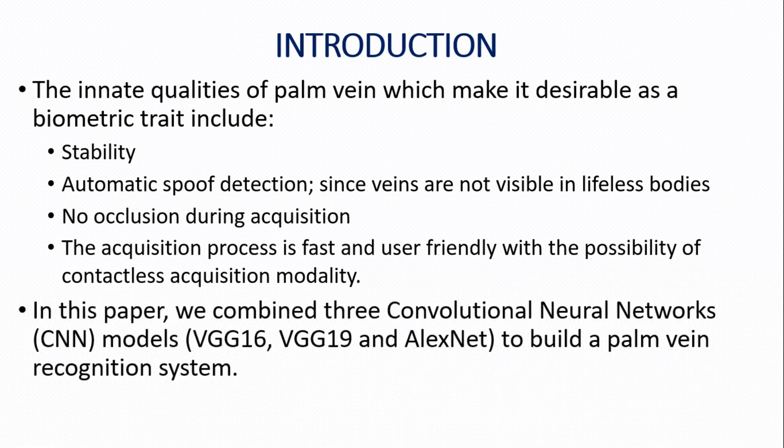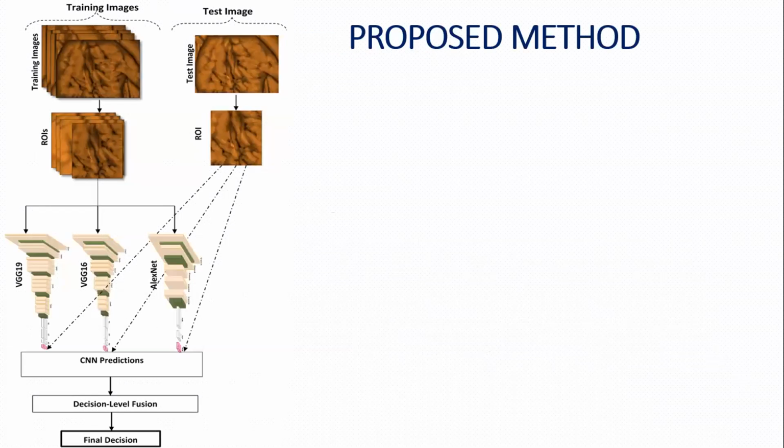So in this paper, we have combined 3 convolutional neural network models, which are VGG16, VGG19, and AlexNet, to build a pattern recognition system. Here is the structure of the proposed method. I can divide this structure simply into 3 parts.